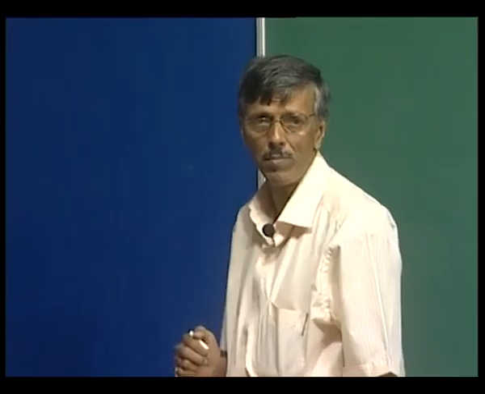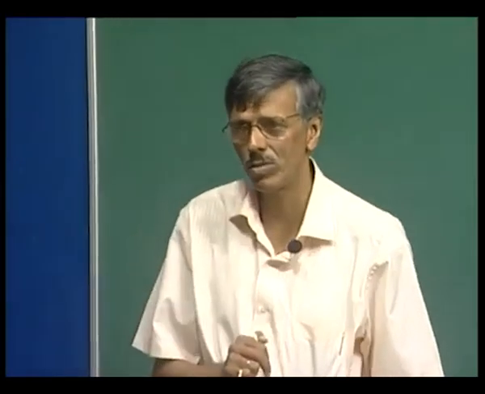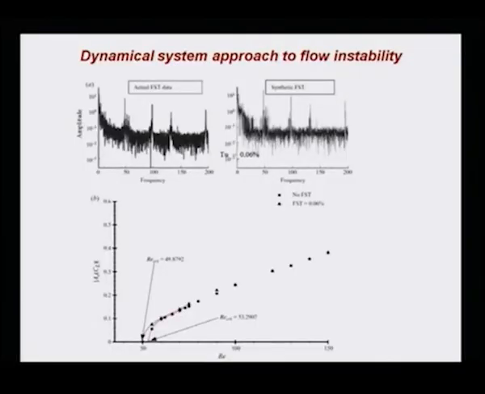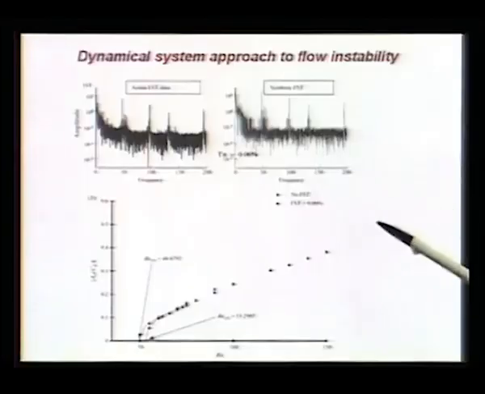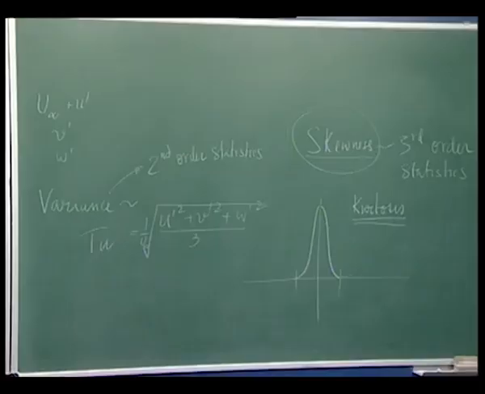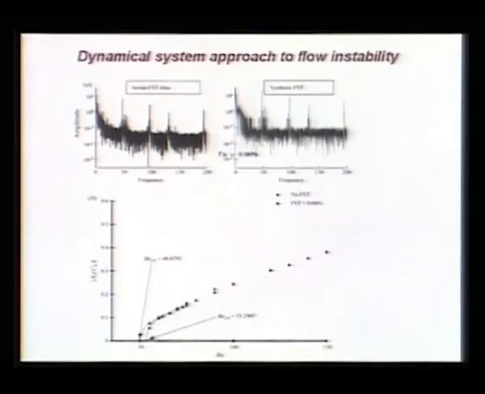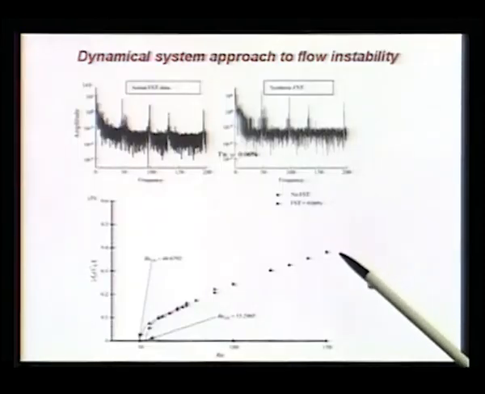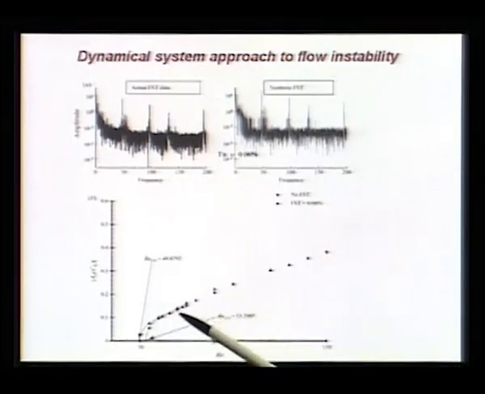Now, you see what happens when we use such a free stream turbulence model. We took the value of FST as given by this Tu, which is 0.06%, exactly the value that Norberg quoted. And then you see the calculations without the FST go like this and meet there around 53.2907.